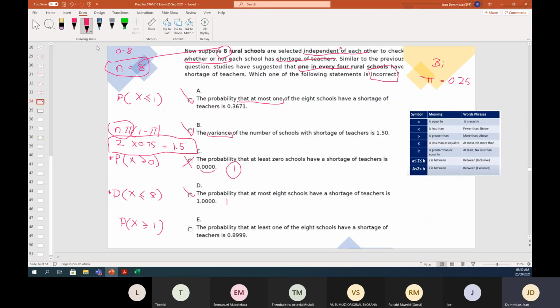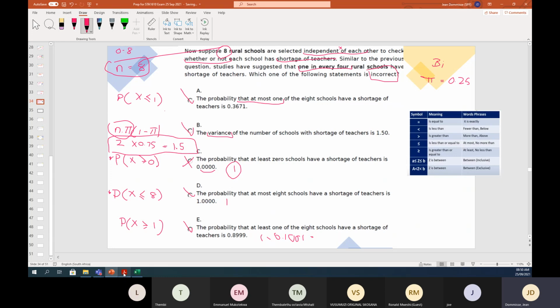So then for that one, I can say 1 minus 0.1001. And let's see what that gives us. 0.8999, which is correct.